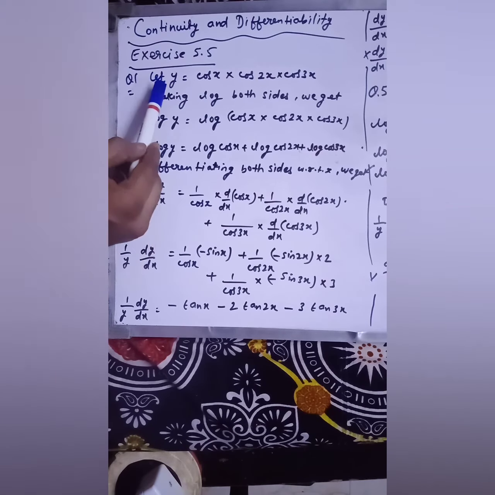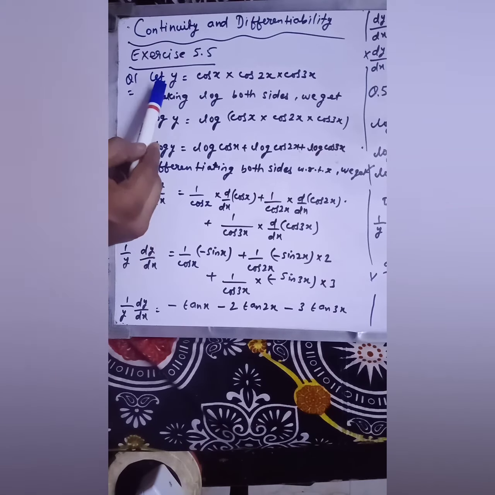As you know, if log is outside and the terms are multiplying, you just put a plus sign. So we can write this as log cos x plus log cos 2x plus log cos 3x, as I have written here. Got it?